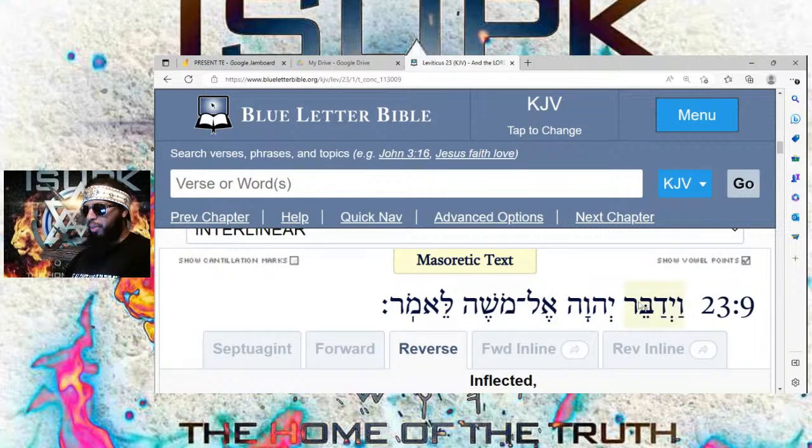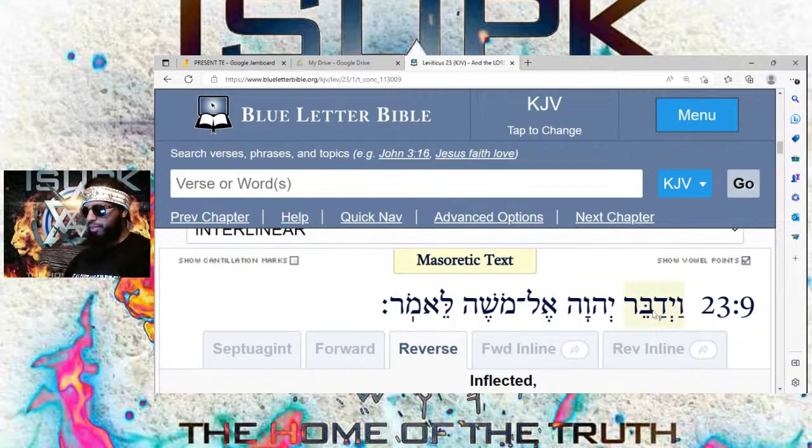The two verbs are dabar and amar. Those are your two verbs. Dabar meaning to speak, amar meaning to say.